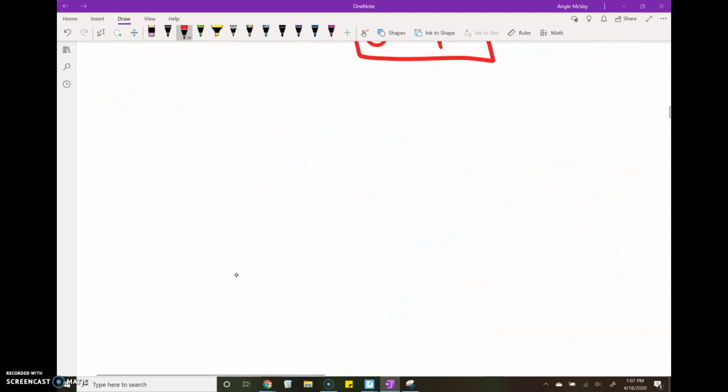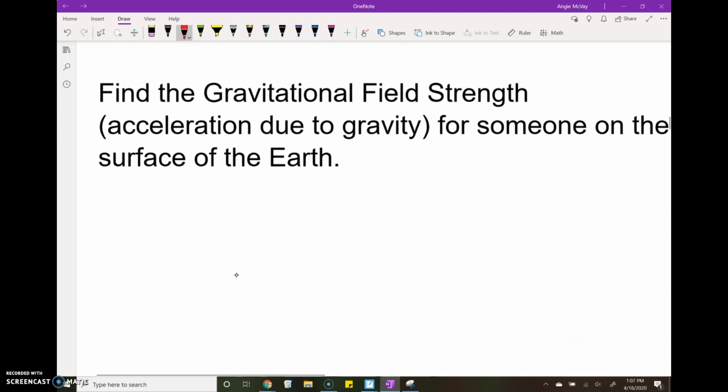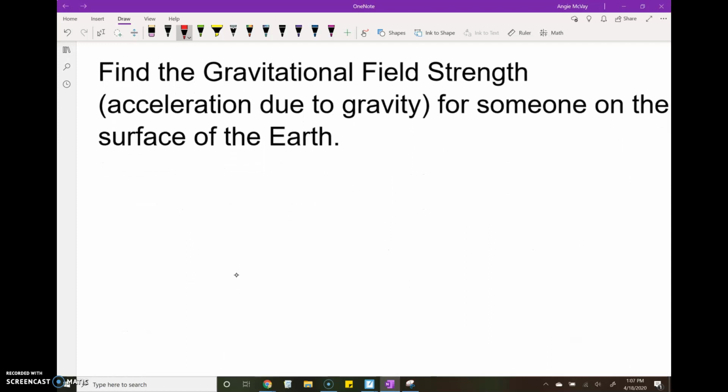So let's use this equation to find the gravitational field strength of someone on the surface of the Earth. Let's do a little bit of plug and chug here.